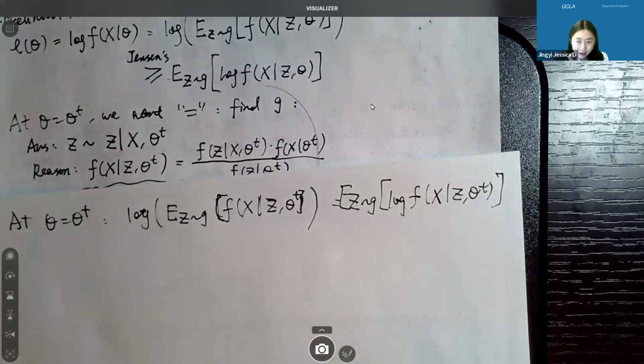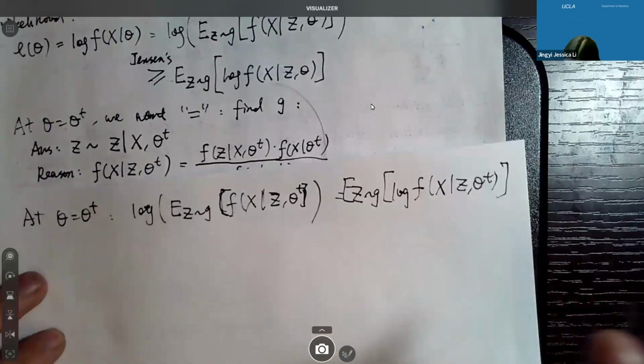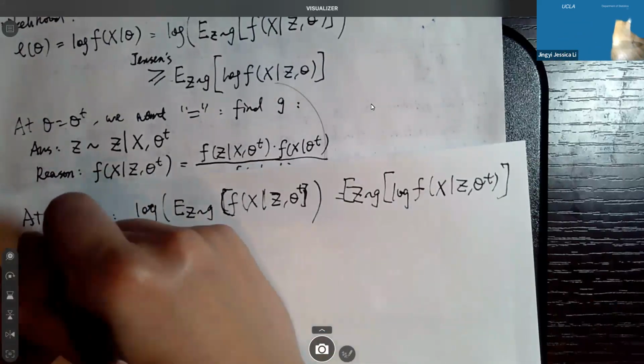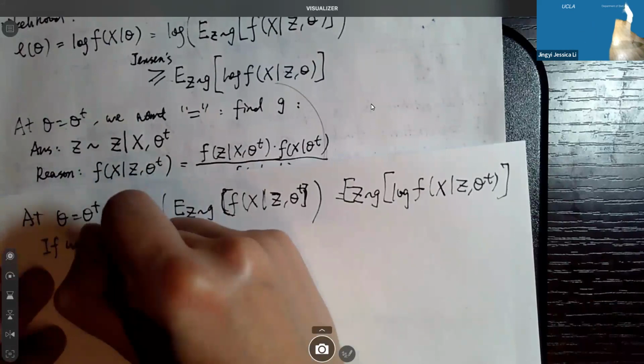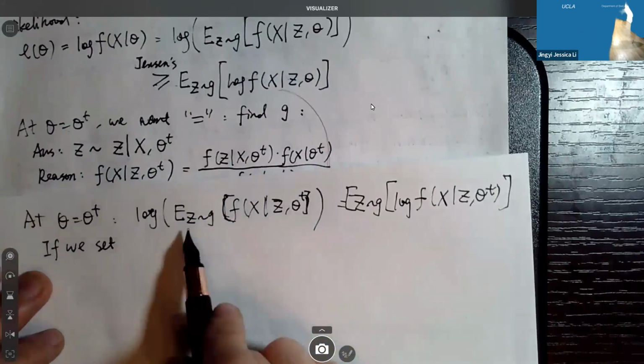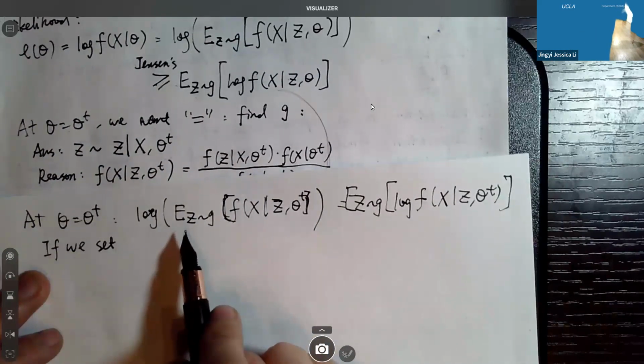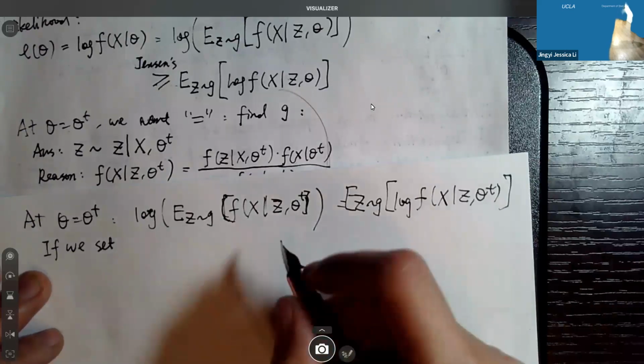And then what I want to say is that here the expectation is taken over z, so we are regarding z as the random variable.